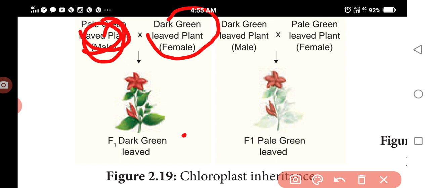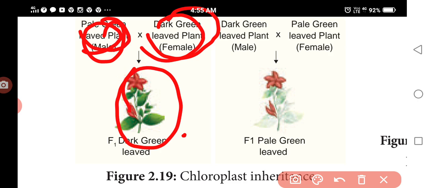But in chloroplast inheritance, the dark green leaved female plant's character appears in the F1 generation. That is chloroplast inheritance.